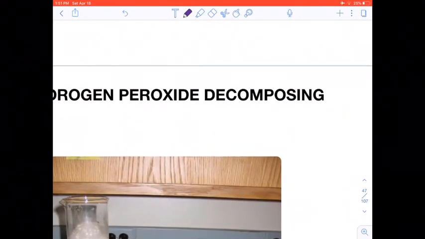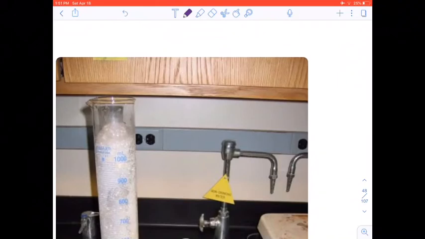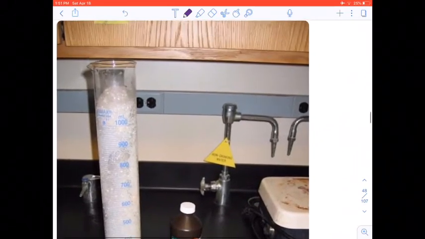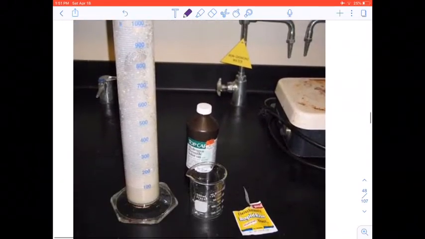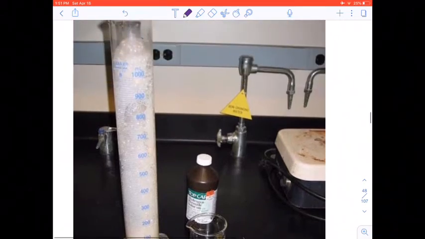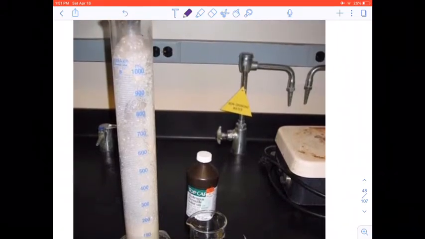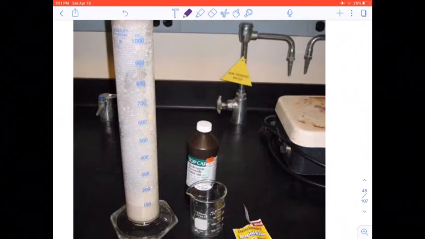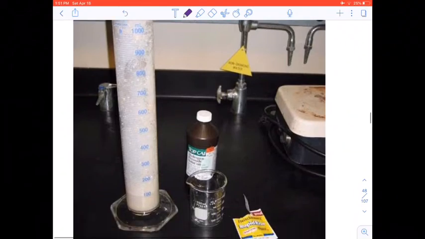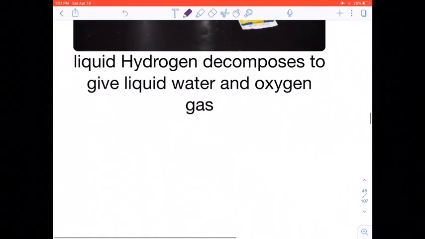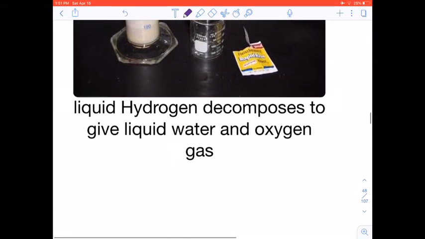Alright, now let's look at hydrogen peroxide. If we look at hydrogen peroxide here, hydrogen peroxide is taking place right at the macro level. You can see it decomposes, and when it decomposes, it gives off oxygen. So we know we have here in this situation H2O2, which is a liquid, right?